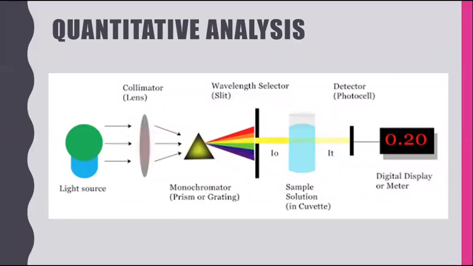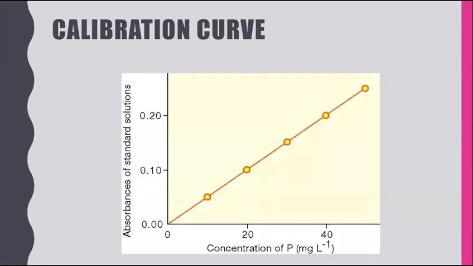It's similar to the colorimeter, however it's got greater accuracy because we now have not just visible light but also UV light. So we've got this greater range of wavelengths that we can use, and therefore this is a more accurate machine. Let's have a look at the process for creating one of these.